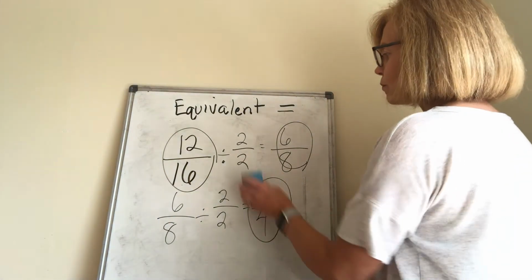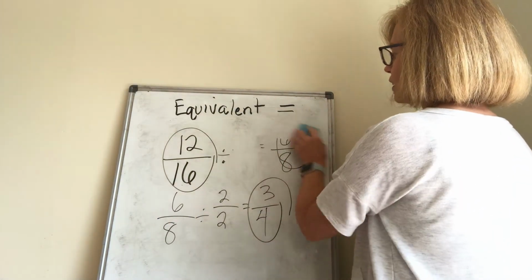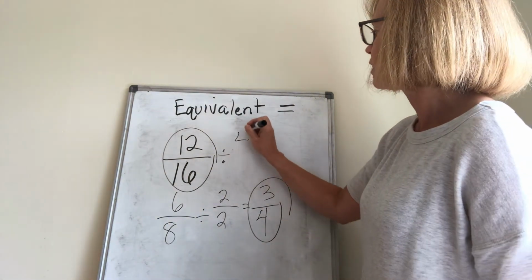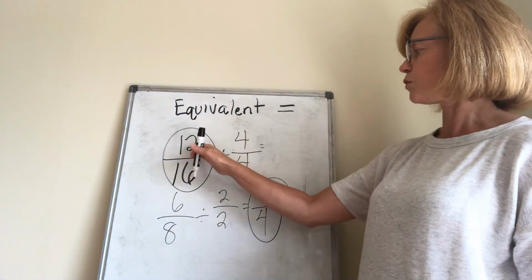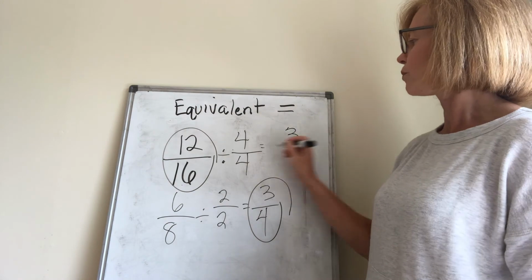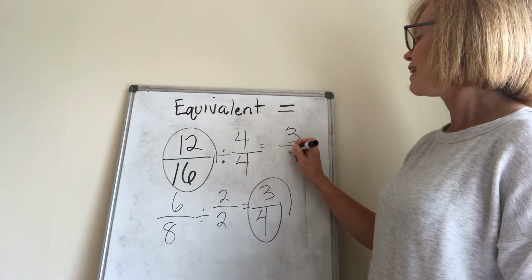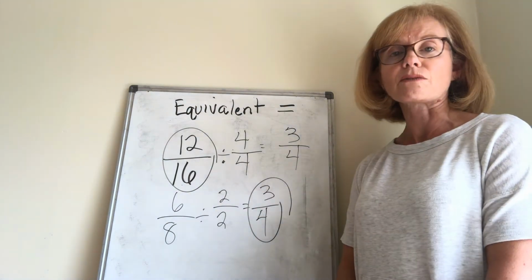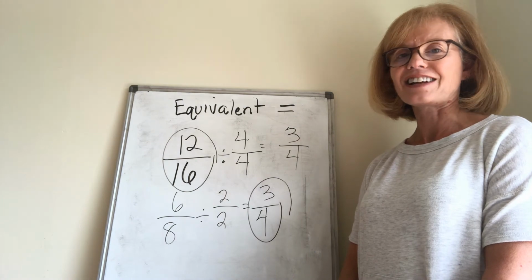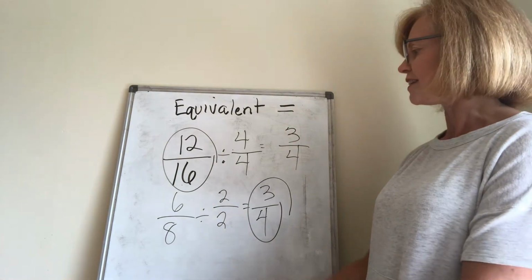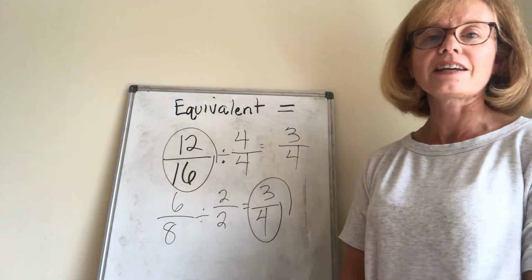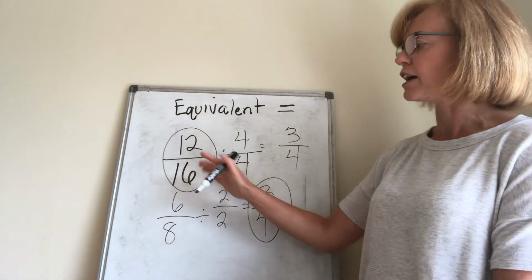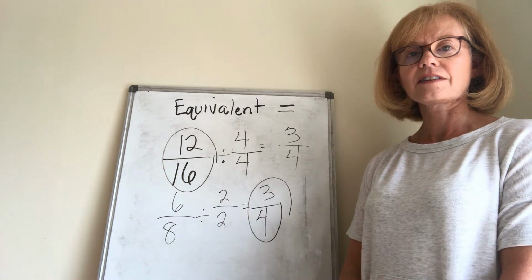Now to get 3/4 up here, I could have started just by dividing 12/16 by 4/4. 12 divided by 4 is 3, 16 divided by 4 is 4, and maybe you did that right away. Good for you, that's fine. Both of these, 6/8 and 3/4, are examples of simplifying the fraction 12/16.